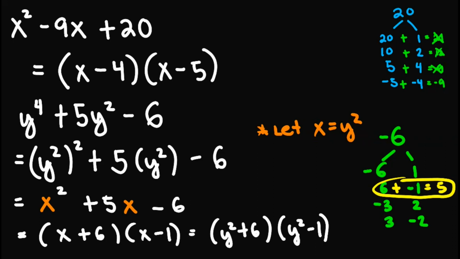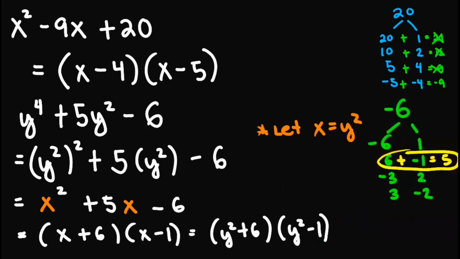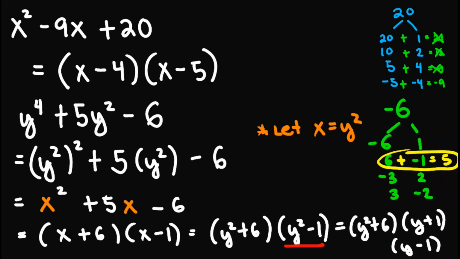From a previous video, we know that we can still simplify this one, since this is a difference of 2 squares. So let's move this one. Applying the concept of difference of 2 squares, you can verify that this one is equal to y squared plus 6 times y plus 1 times y minus 1. So that is the answer for this one.